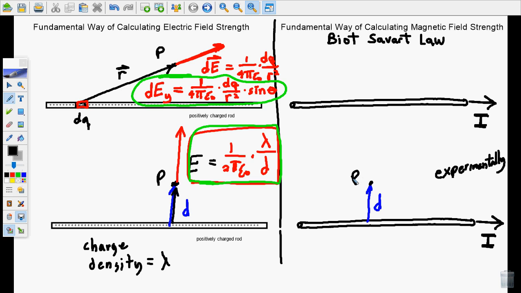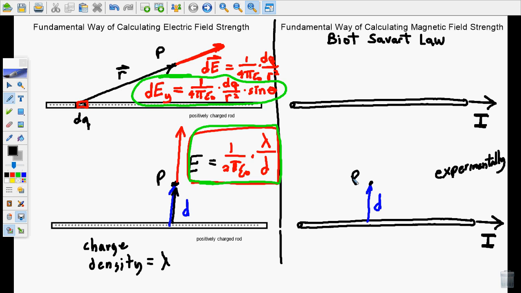Using the first right-hand rule for magnetic fields, what would be the direction of that invisible magnetic field at that point P above the wire? Evie? It would be pointing out of the page.